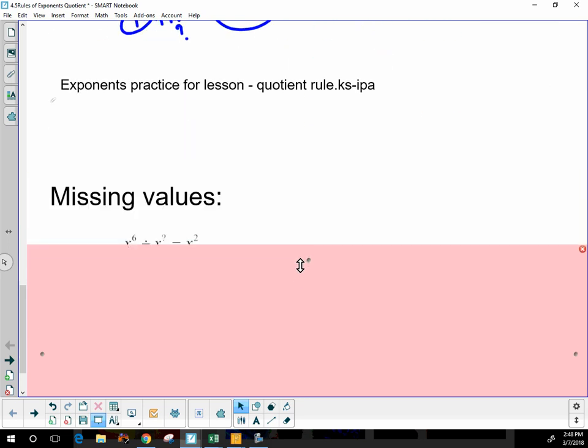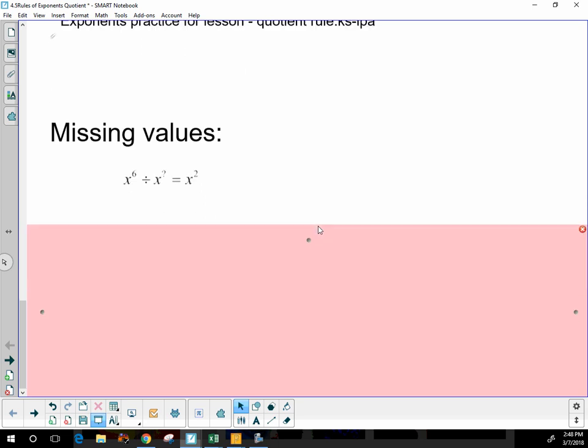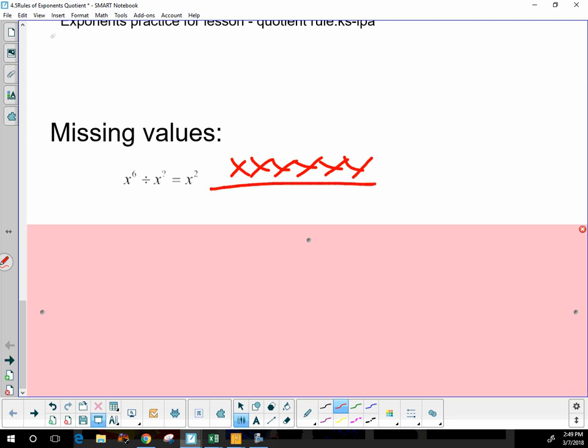What if there's missing values? That's not so bad. I now have x to the 6th divided by x to the something. How am I going to get 2? This is when we come back to our basic rules. You can write it out. 6 divided by how many of these? So I only have 2 left. So I would have 1, 2, 3, 4.